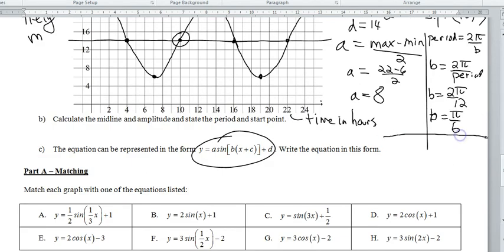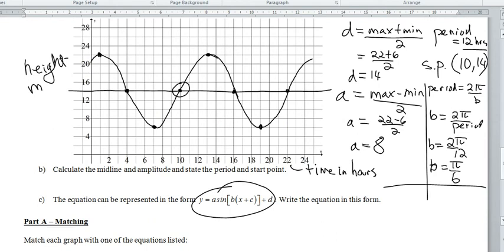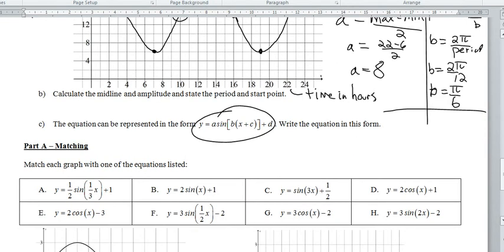And we need the C value. So we know the start point is 10:14. So we know that the start point is negative C over B comma D, right? We already know the D is 14, so we're interested in negative C over B is equal to 10. So let's go negative C is equal to 10B, right?